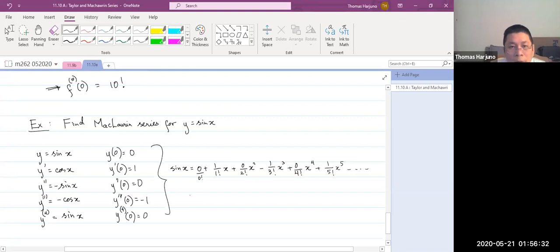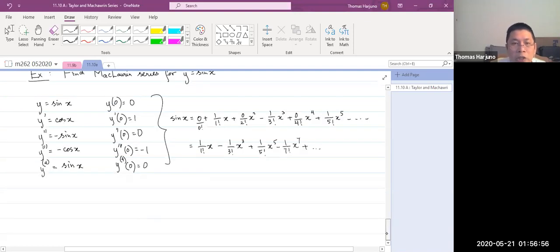Which if I simplify, I get 1 over 1 factorial x minus 1 over 3 factorial x cubed, plus 1 over 5 factorial x to the 5th, minus 1 over 7 factorial x to the 7th, and on. In summation notation, that will be the series.